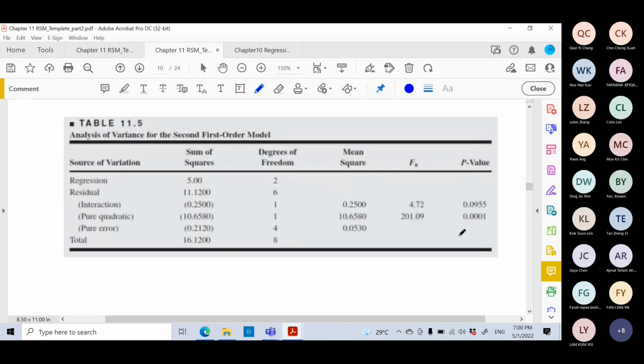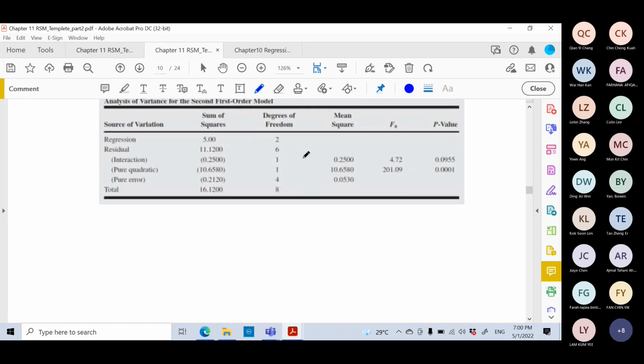So if we set alpha equal to, let's say, 0.05, only the 5%, then this one is not necessary because the p-value is larger than alpha. So this one is not necessary. This one is yes here.